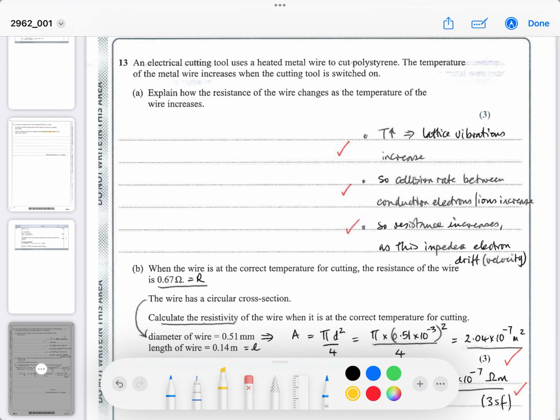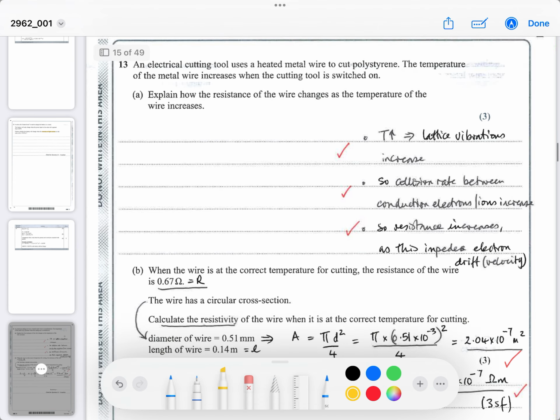Here is one of the questions I've put in for the practice exam at the request of my students. So question 13 is an electrical cutting tool which uses heated metal to cut through polystyrene. Now, I remember having one of these years ago, way before you lot were even born, and it was quite fun cutting polystyrene with this hot wire.